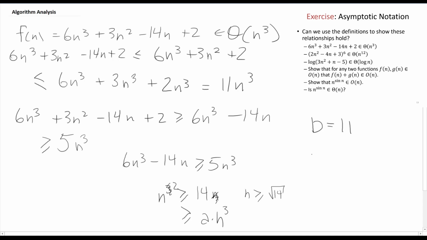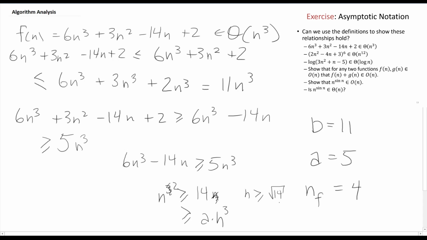So let's complete what our proof would be. In this part of the proof, we picked our a to be 5. And then with a little bit of side calculation, we figured out that we should probably pick an nf equal to at least 4 was our choice.